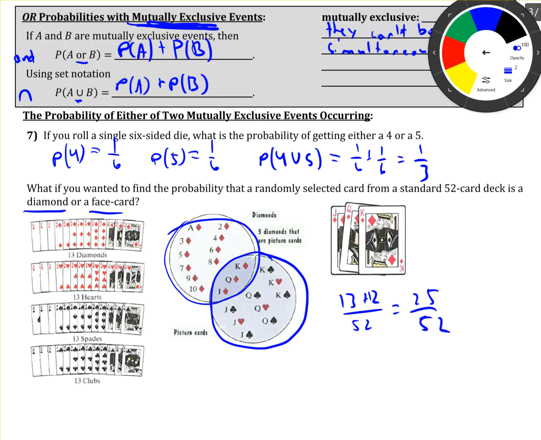But notice the problem is that we've counted these guys twice. So we need to subtract one of those sets of numbers. So I actually need to do 13 plus 12, and then subtract the overlap. So I end up with 22 out of 52, or 11 out of 26, and that ends up being my answer there.